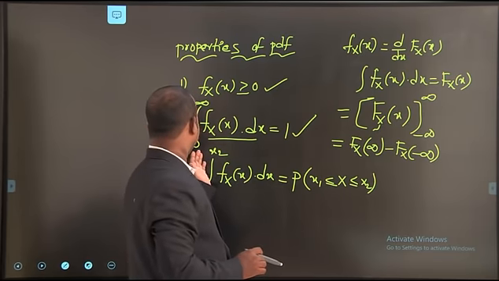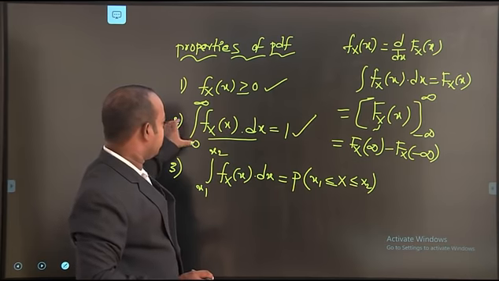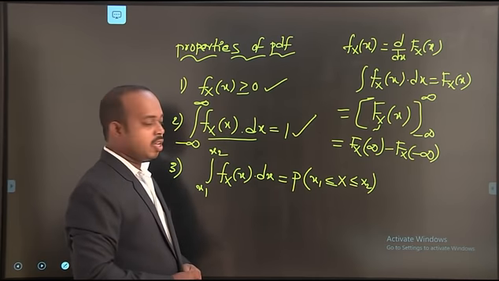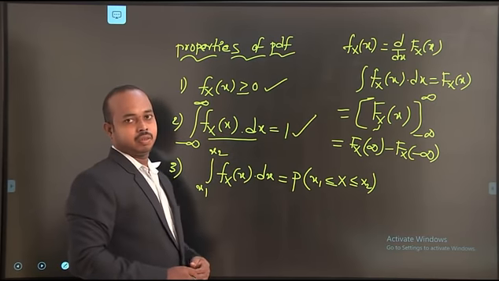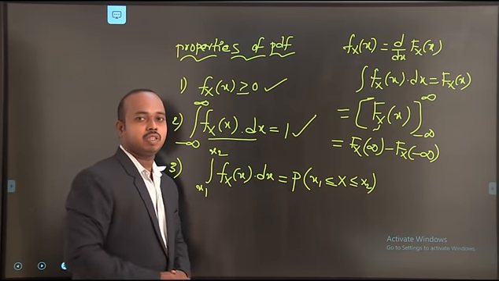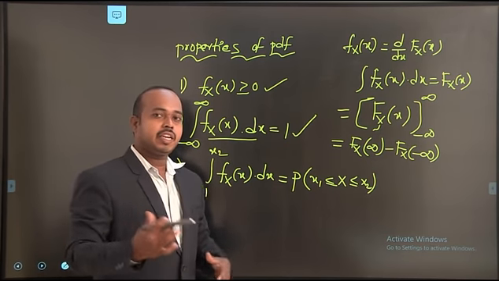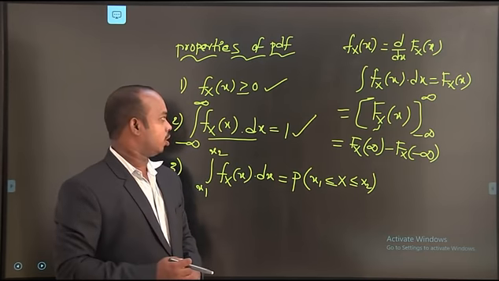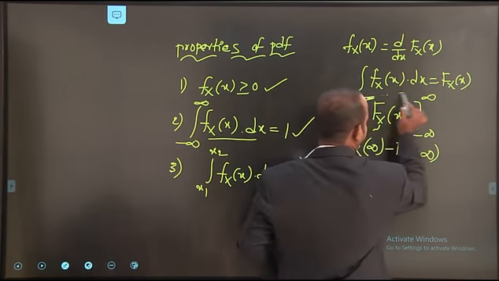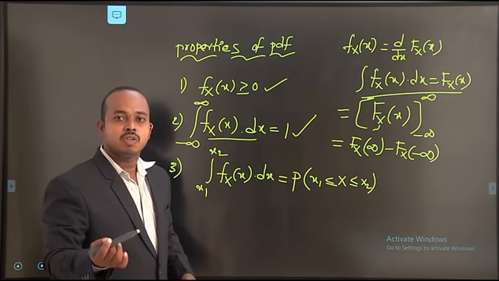My intention is to prove this property. For this, I am replacing this function with the distribution function. Why am I replacing it with the distribution function? Already we know that the integration of a density function is a representation of the distribution function.